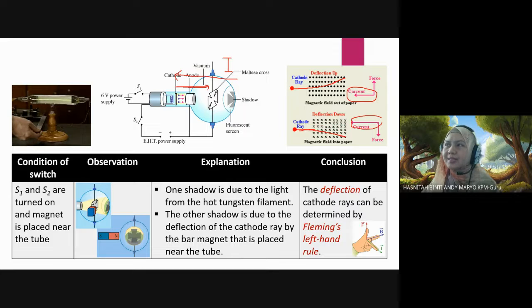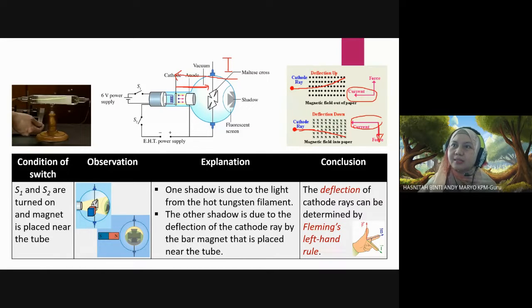So at this moment, the second shadow will be shifted in a downward direction, according to Fleming's left hand rule. Later we will try some exercises and you try to see which direction the second shadow moves. Are you clear with this?